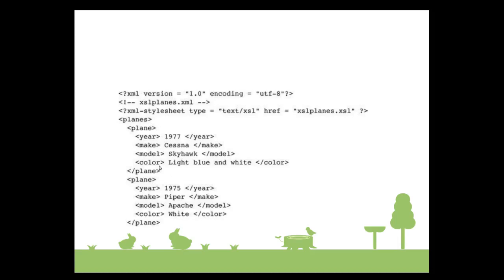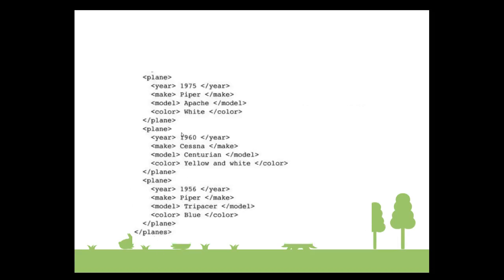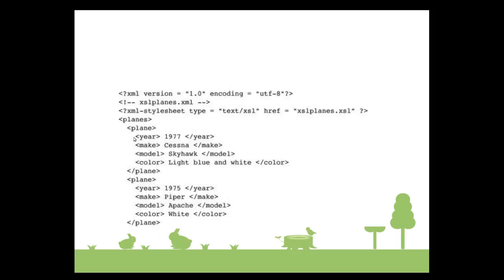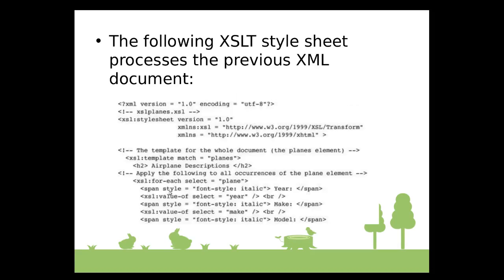See, data related to five planes is mentioned here, all having similar structure. So here we can use the for-each element in the XSLT style sheet. So this is our XSLT style sheet with the namespace info. Then comes the template element, the match attribute set with the root element planes, and then some heading.